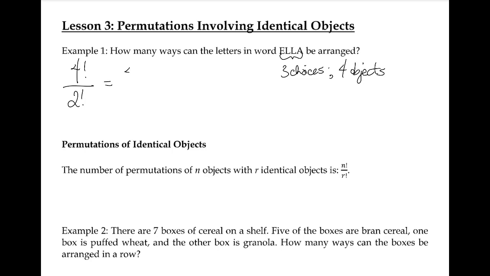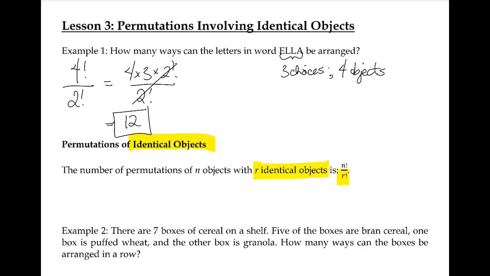So again, that would be where we've got 4 times 3 times 2 factorial over 2 factorial, which would be 12. Okay, so when we have identical objects, we need to divide by the factorial of those number of objects.